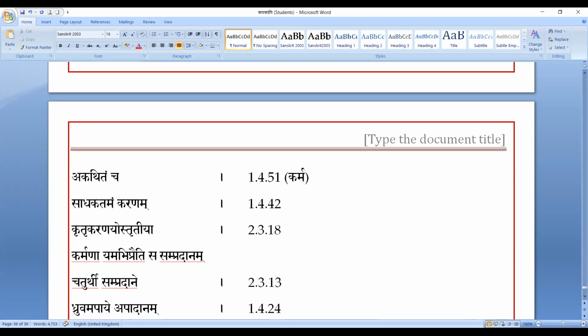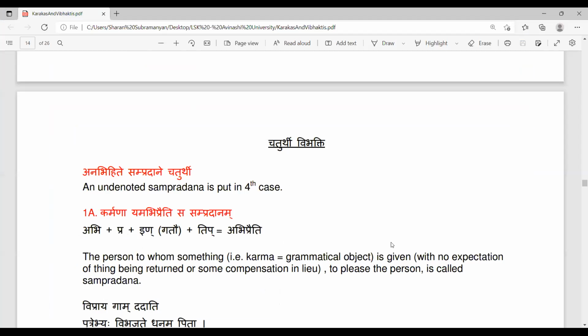It will be in section 1-4, first chapter, fourth section. The sutra is 32. So Karmana yam abhipraiti saha Sampradanam, and that is assigned Chaturthi Vibhakti in 2-3-1-3. Okay, now we see further. What is Sampradanam? We are going to see.